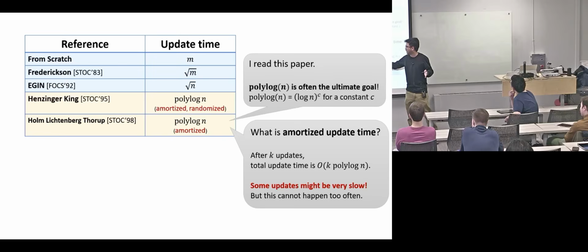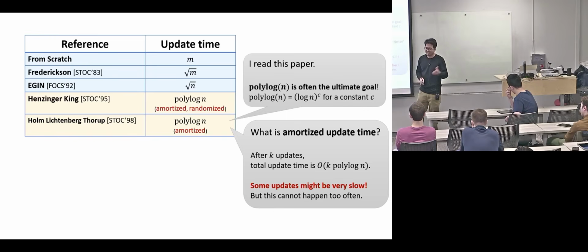Then the total update time that this algorithm will spend is going to be something like k polylog n. So on average it's something like polylog, but there can be some updates where you spend so much time, and then not so much time on average. So that's what it means to be amortized update time.